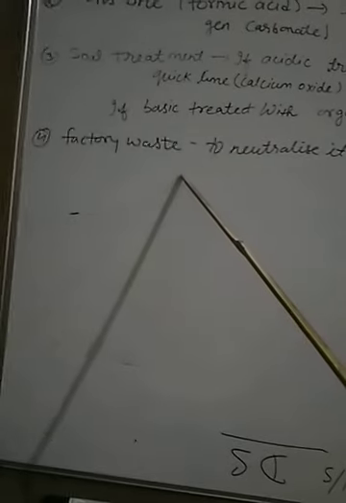So it is very necessary to treat or neutralize the waste which is discharged by the factories, so that it is not harmful to the water bodies, to the soil, etc.